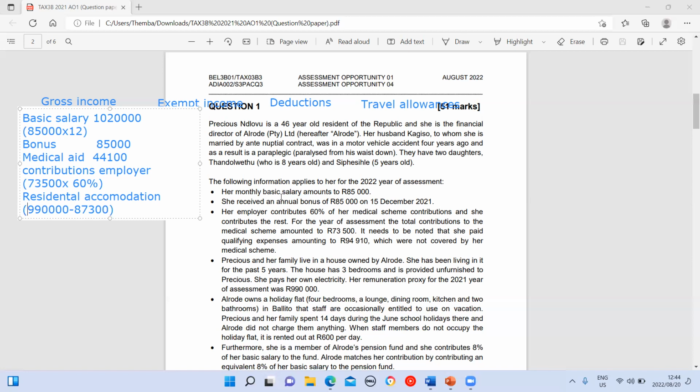But in this case, the house has 3 bedrooms, and I said that if one of the components is not met, you will have to use section C. So one of the components that were not met was the 4 bedrooms. So just because the 4 bedrooms was not met, you'll have to apply section C.